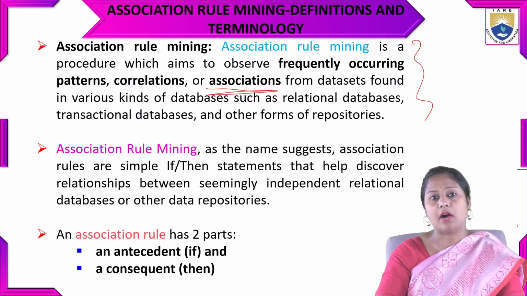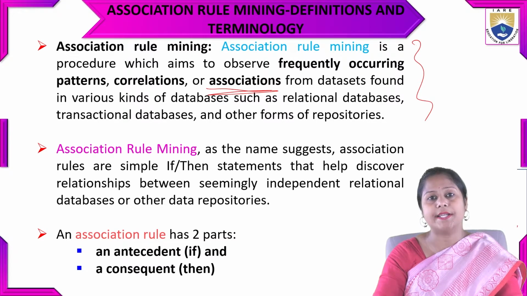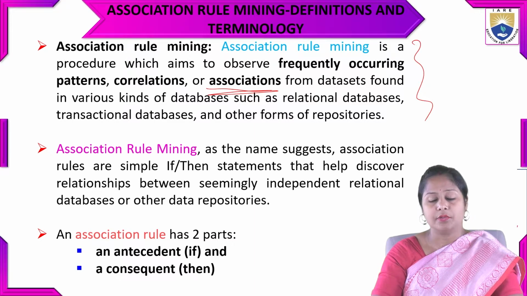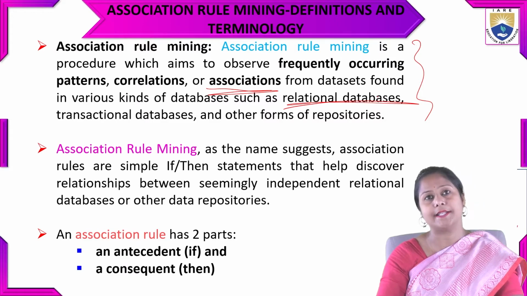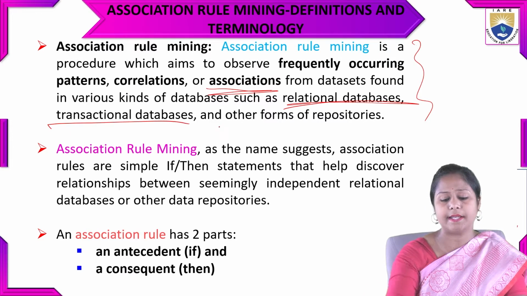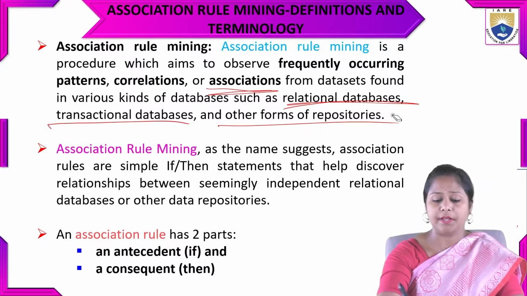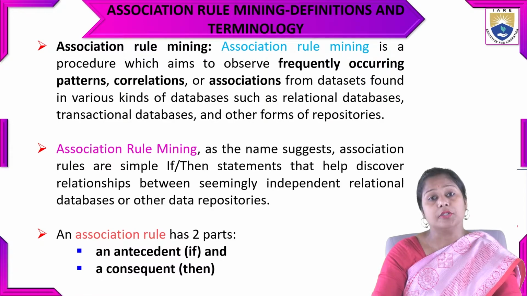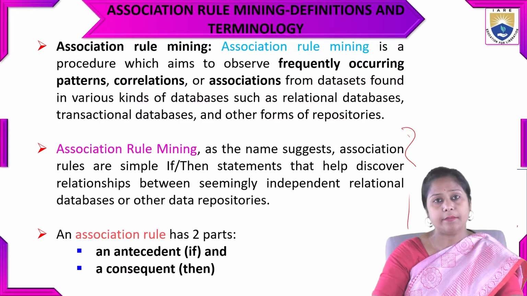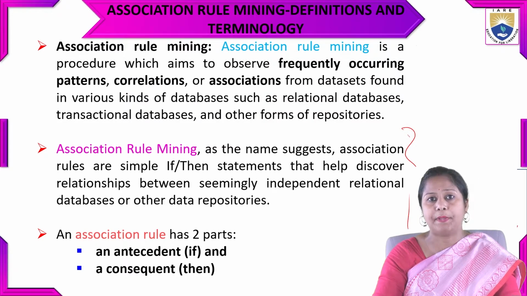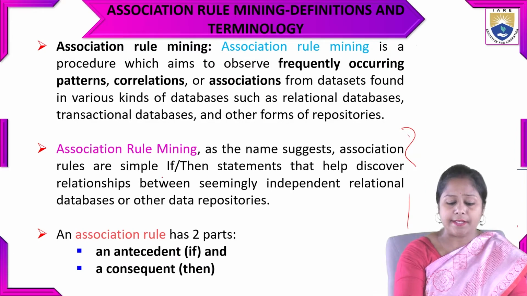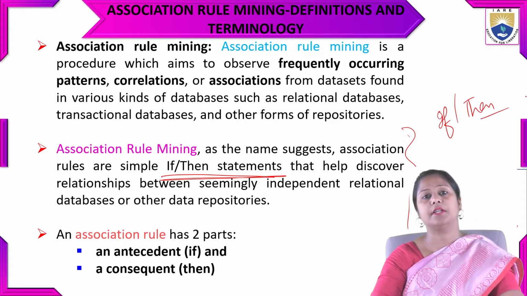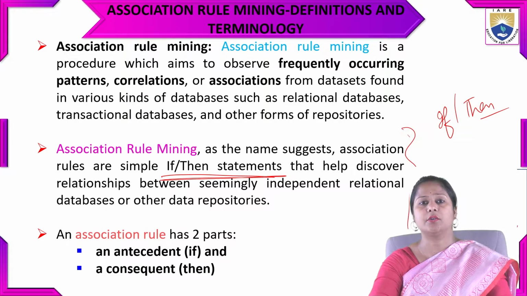These can be found in relational databases, transactional databases and any other repository where the dataset has been kept. Association rules are simply if-then statements.